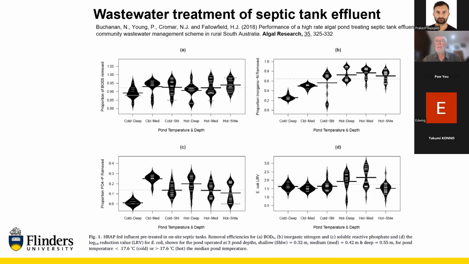But in actual fact, you could equally plot this as change in retention time, because the deep pond always has a higher retention time. So the deep ponds all have the same retention time as well as depth. It doesn't change it much, but maybe we're assigning depth, whereas it could be retention time as the factor, possibly more likely that.